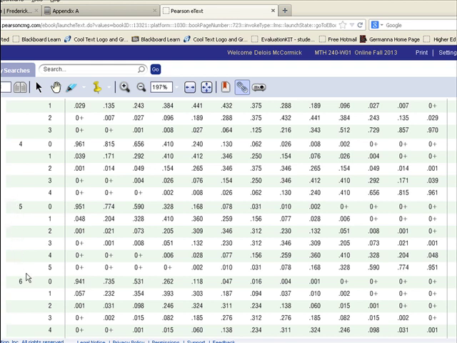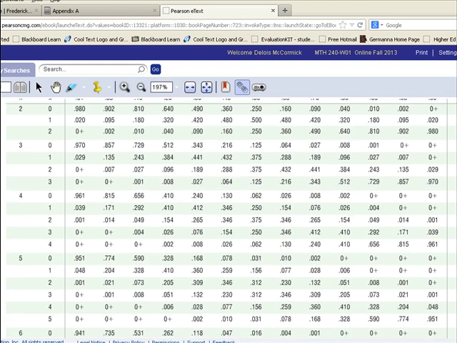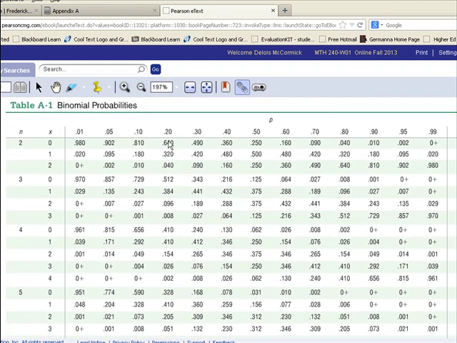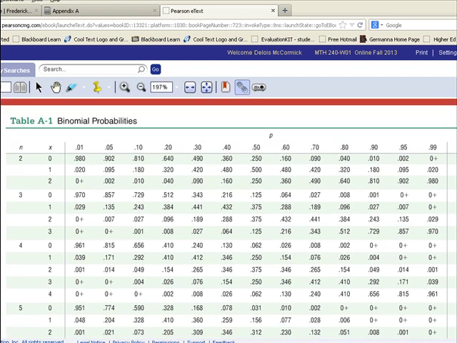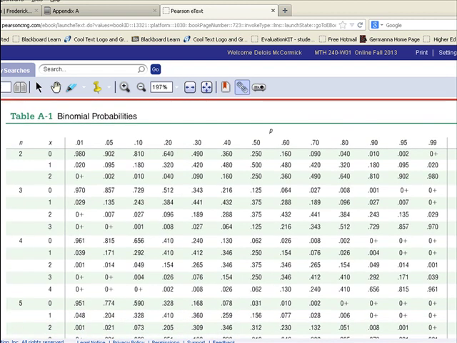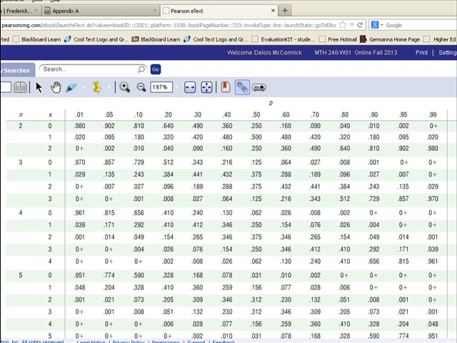And we want to work, I've got to scroll back up here, for our probability to be 20. So when we look at 20, it's the fourth column over: 1, 2, 3, 4.